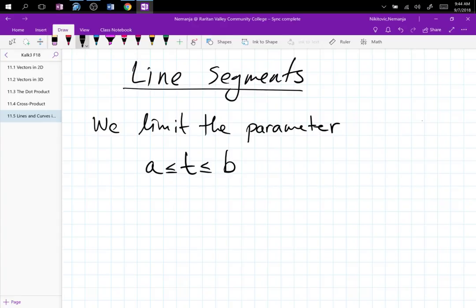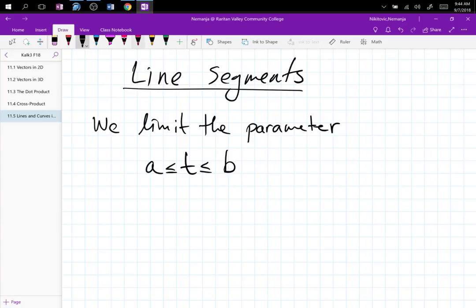Now those two values in chapter 14 will become limits of your integration on a definite integral. It will be an integral from a to b, and those would be your a and b. Now these a and b are not to be confused with a, b, c from vector v.